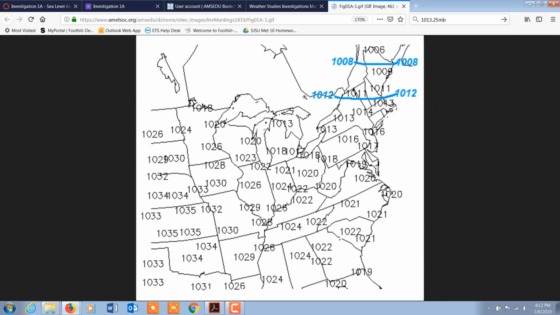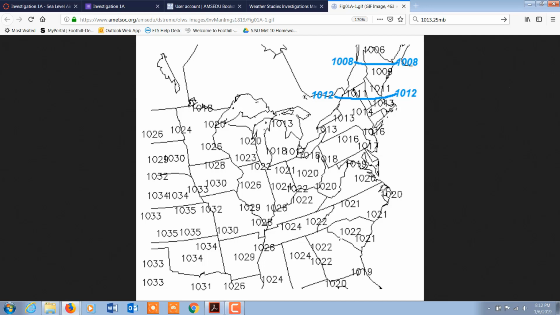So these isobars divide areas of higher pressure from areas of lower pressure. And as you draw isobars, you want to make sure that the isobars you are drawing do that. If it doesn't do that, your isobar is somehow incorrect.